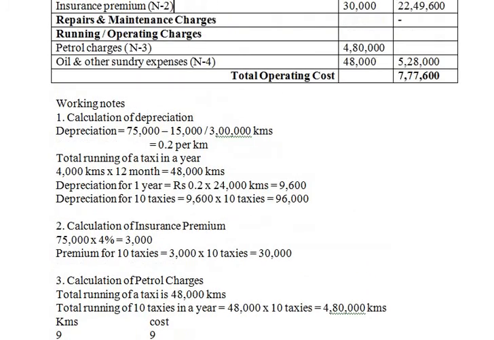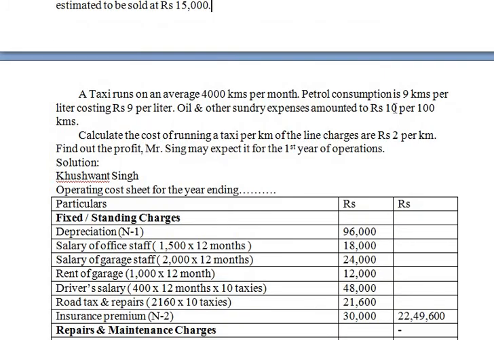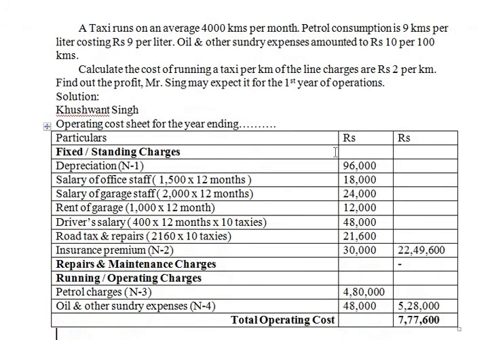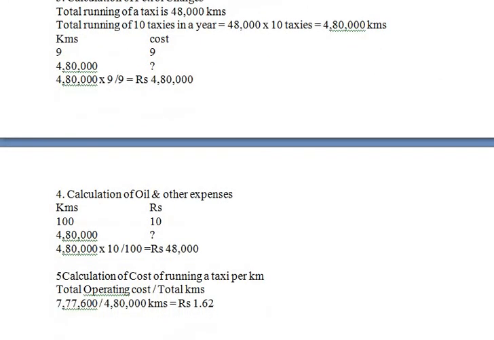Now related to profit, what information they have given? See what they have told. Calculate the cost of running of taxi per kilometer. Line charges are rupees 2 per kilometer. Actually they incur 1.62, but how much are they charging? 2 rupees they are charging.